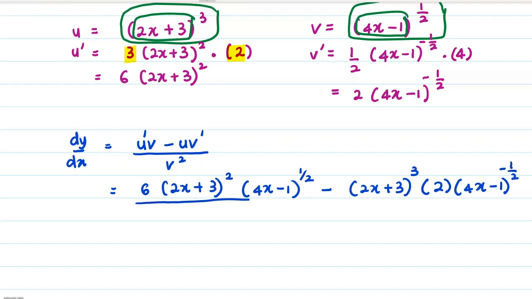Then divide by your v squared, which will be 4x minus 1 to the power of 1 over 2, so this is the original v.